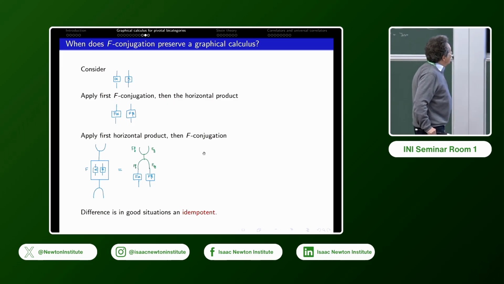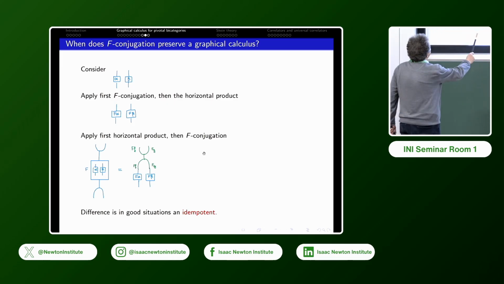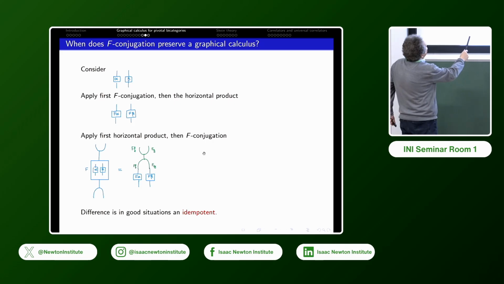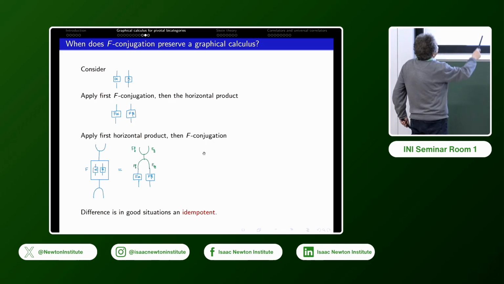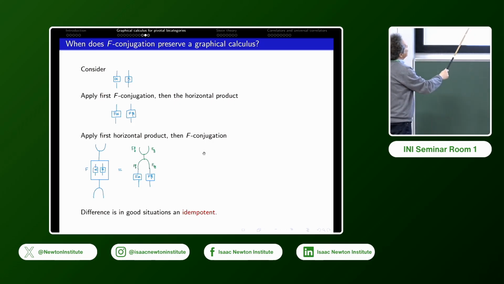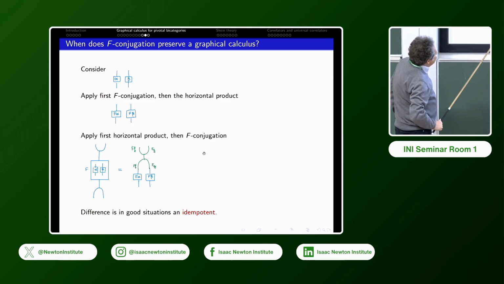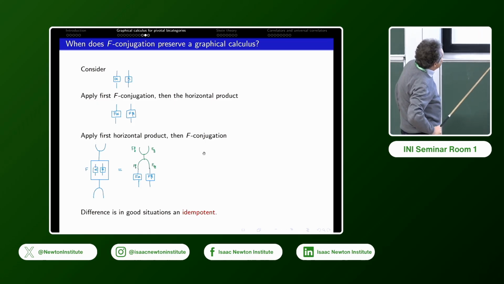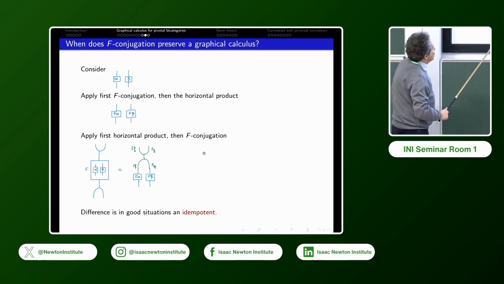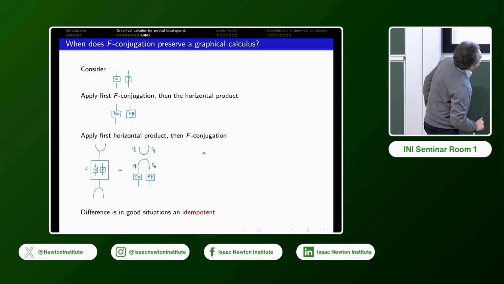So now you see that what happens is, if I take two of these morphisms, and obviously this diagram is not connected. If we apply F conjugation, we map the morphism, but if we first apply the horizontal product and then we map it, then we have this morphism, and then we apply this F conjugation, which means we are concatenating with this product and this co-product, and then by naturality you can write it in this way, and you are getting this gadget here.